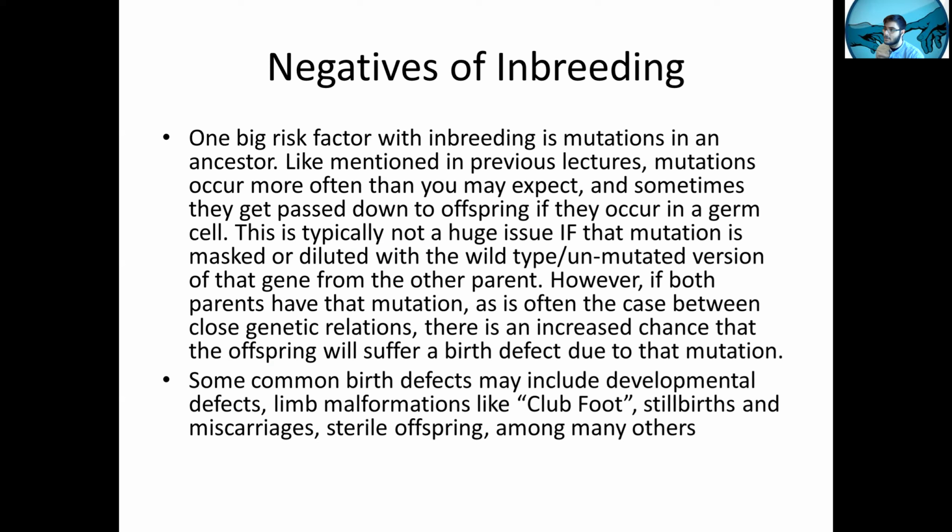And this is why we do genetic analysis to determine which people have mutations that they could pass down to their kids. This is typically not a huge issue if the mutation is masked or diluted with the wild type, or unmutated, or healthier version of that gene from the other parent.